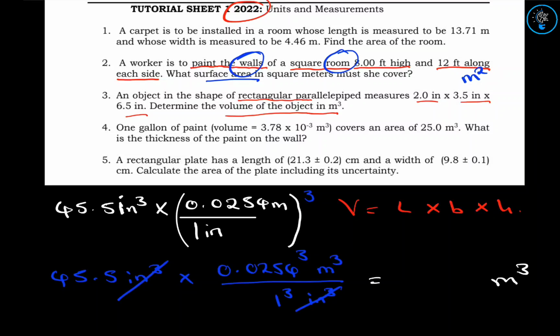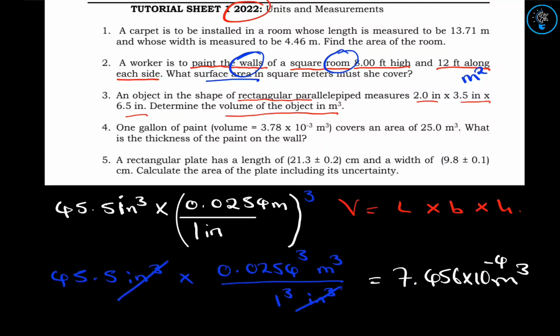Let's punch that into our calculator. So 0.0254 has to be raised to the power 3, then multiplied by 45.5. You're going to get a value of 7.456 times 10 to the power -4 as your value.